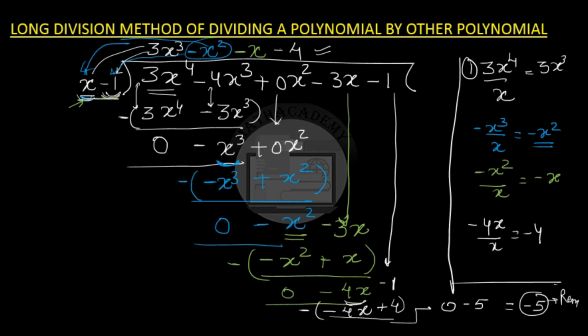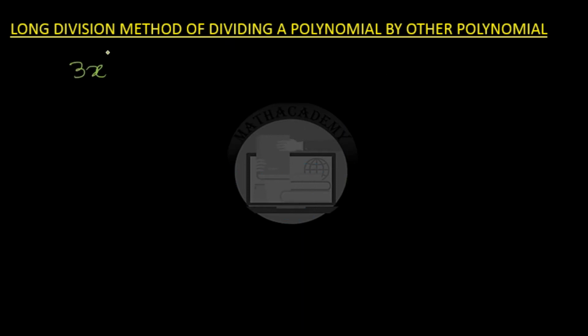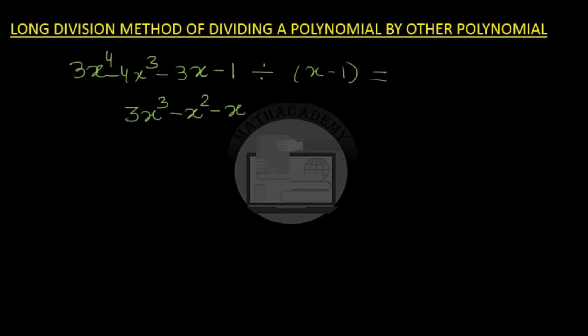Correct? So 3x to the power 4 minus 4x cubed minus 3x minus 1, when divided by x minus 1, what do we get? 3x cubed minus x square minus x minus 4 as the quotient, then negative 5, which is our remainder, and it has to be divided by the divisor.